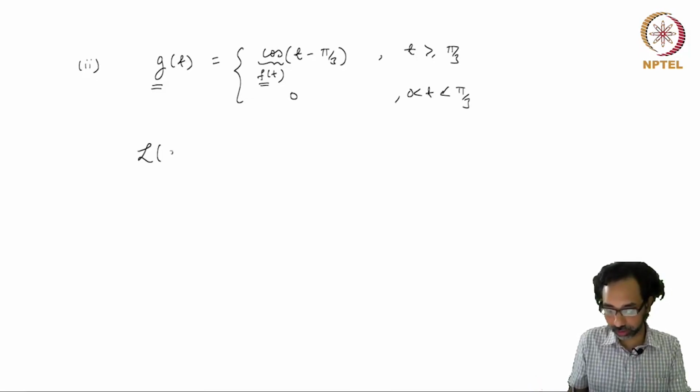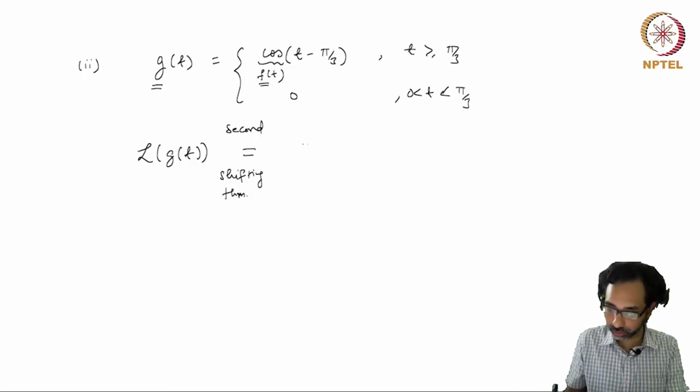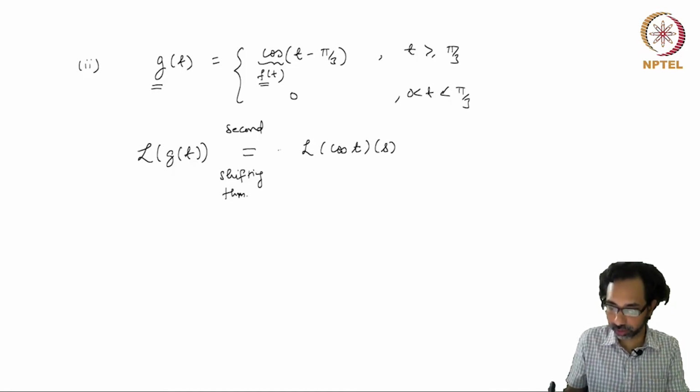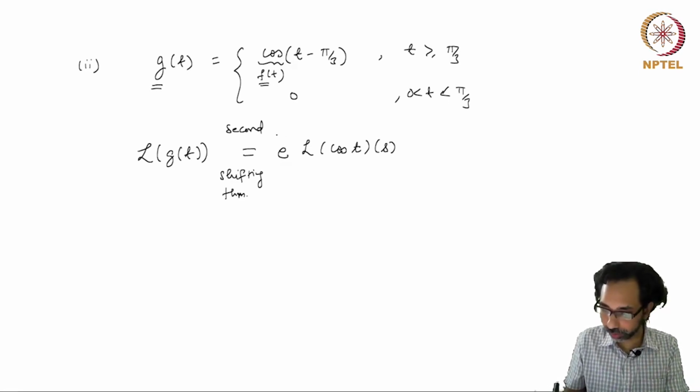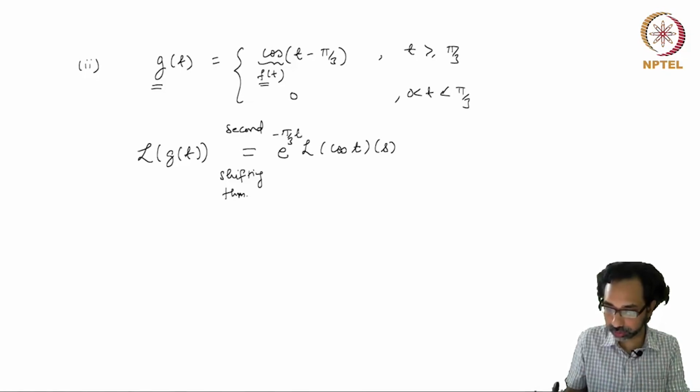So the Laplace transform of g(t) is, by the second shifting theorem, given by the Laplace transform of cos t evaluated at s, and you have to multiply by e to the power minus pi by 3 times s.